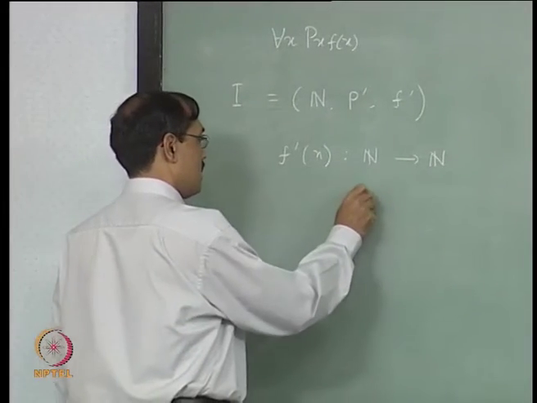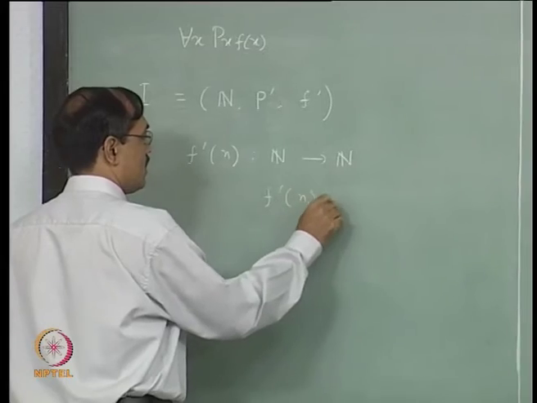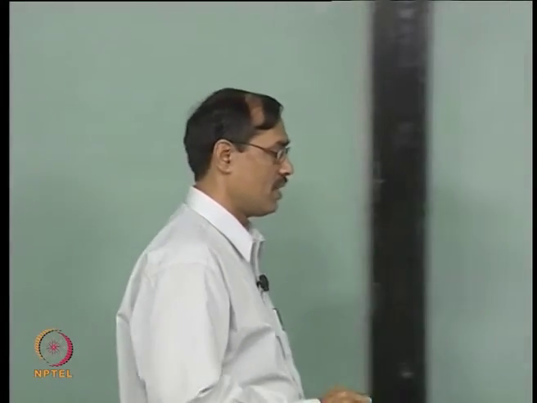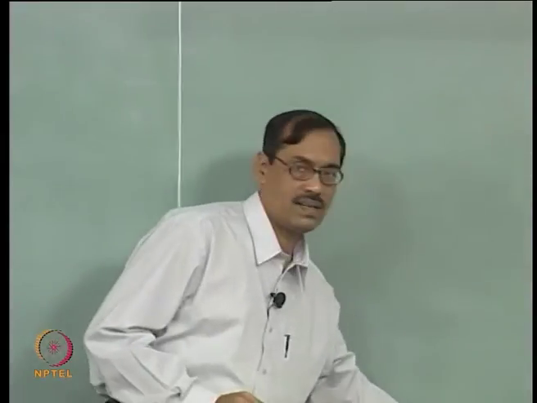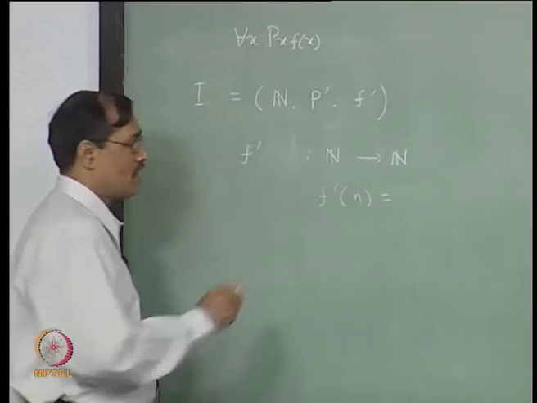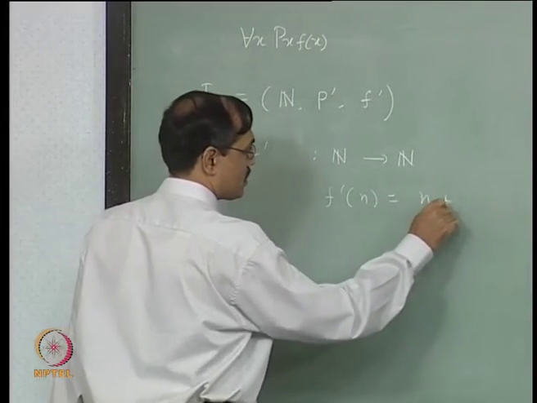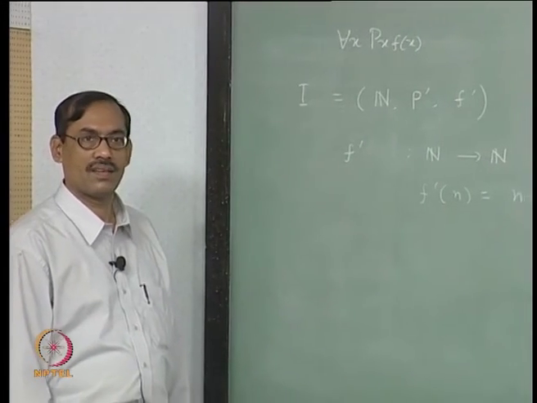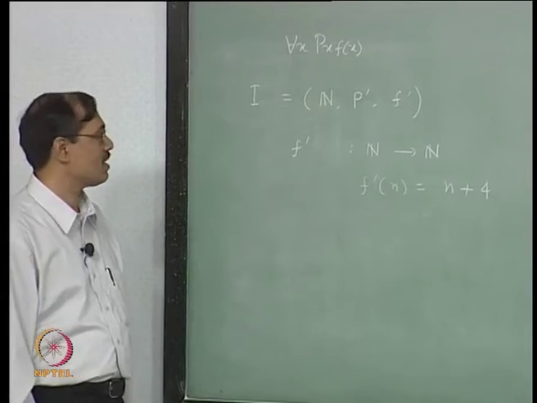So, now defined by say f prime of n equal to, usually we do not write f prime of n in the beginning, right, when we give this value at n we write this. So, let us take it this way, where f prime of n is say n plus 4. Okay, somehow we have to define it, let us say it is n plus 4.